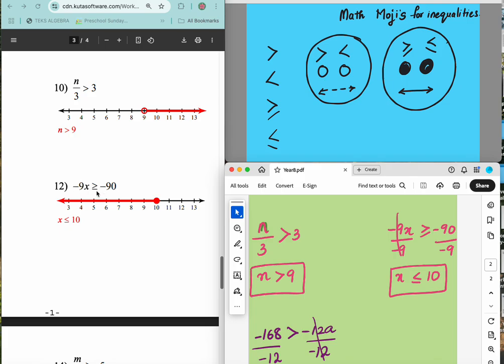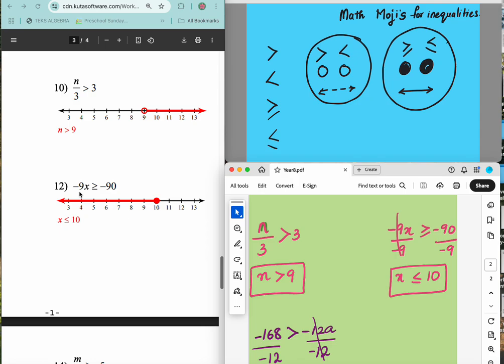Remember, when it comes to negative numbers, the smaller the negative number, the higher the value it is. That means it's greater. But if you still stick with the original, saying that x is greater than or equal to 10, if this was not flipped, let's see if it makes sense. You would have chosen, let's say, 11.